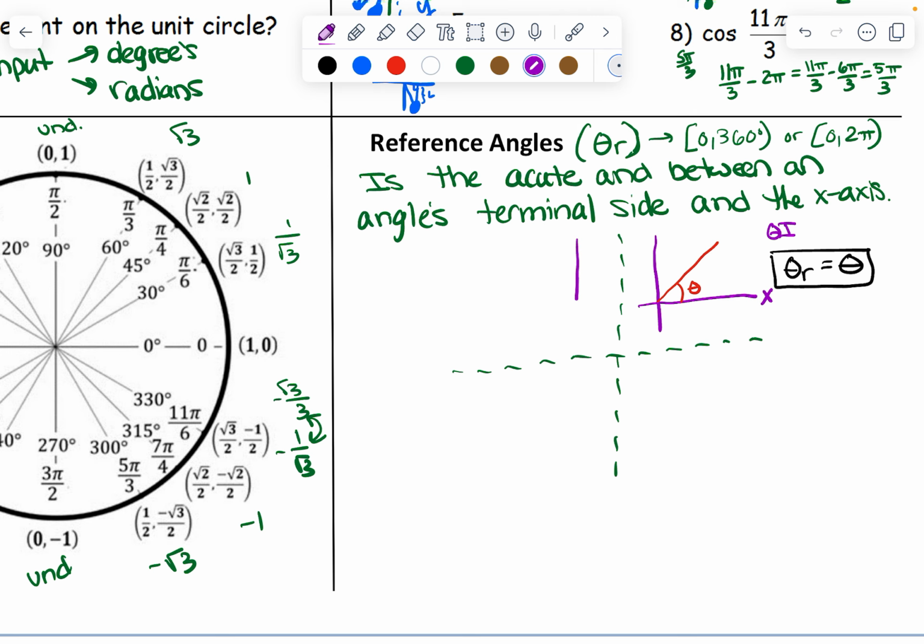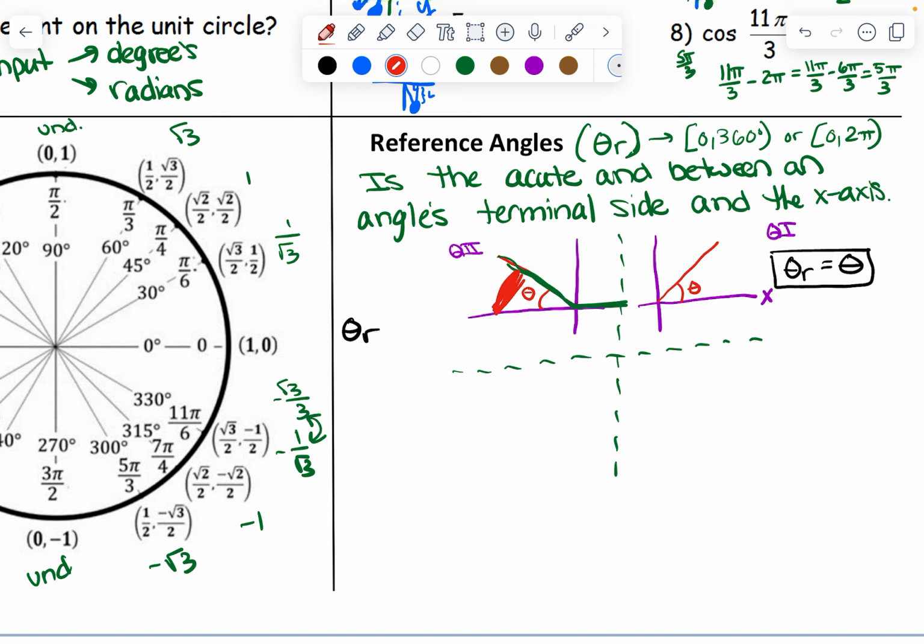Quadrant 2 is going to be a different story. So in quadrant 2, let's call this my terminal side. They're all going to look like family of 4s, but whatever. To find theta sub r, the reference angle, the actual angle is this. We'll say this is 3 pi over 4. The reference angle for 3 pi over 4 is going to be whatever is in here, okay?